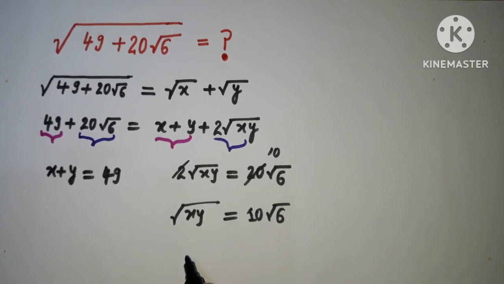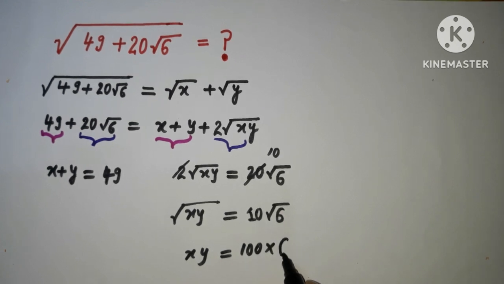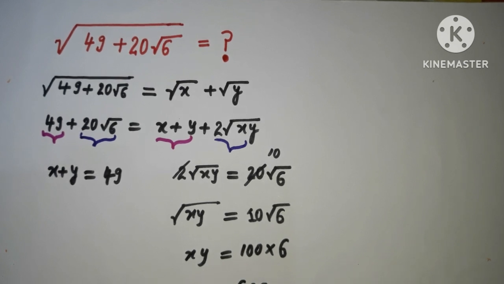Squaring on both sides, we have x into y equal to 100 into 6. So x into y is 600. This is our second equation.